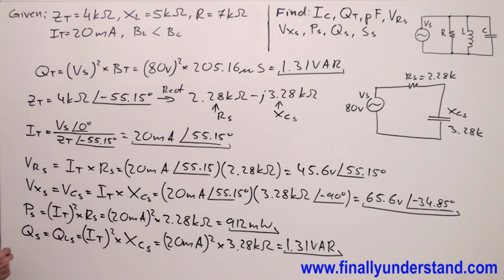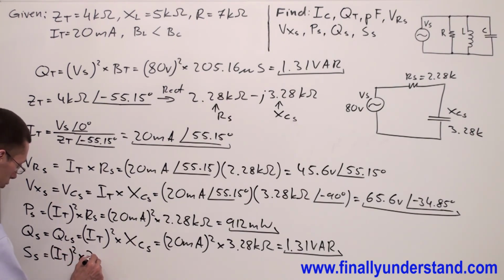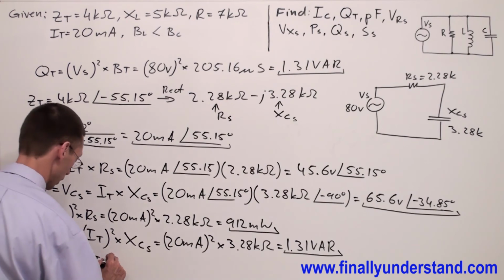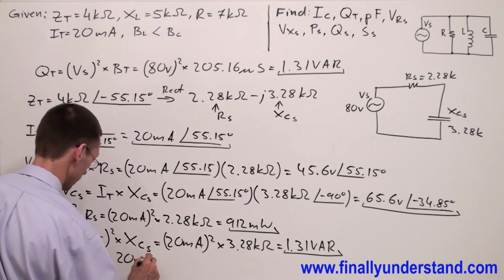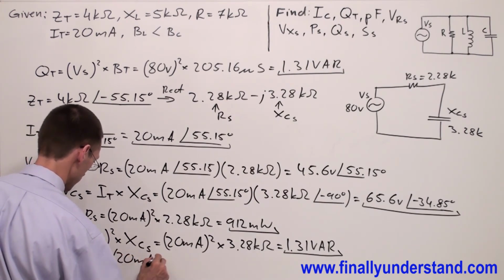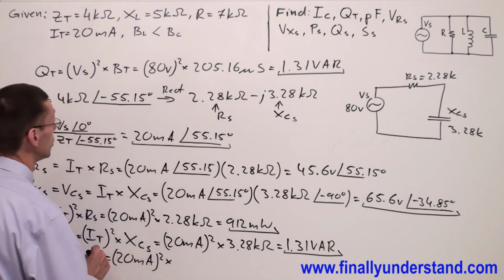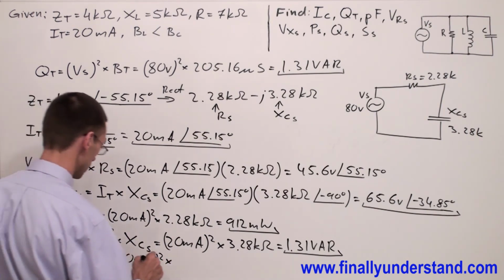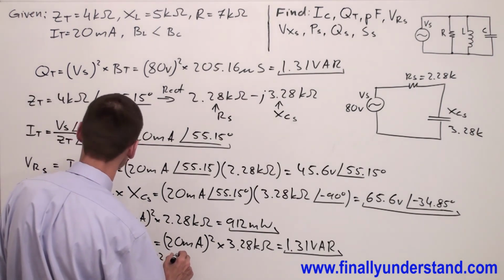If you want to find the apparent power, this is nothing else but I total raised to the second power times Z total, which is 20 milliamps raised to the second power times Z total, and Z total is equal to 4 kiloohms.